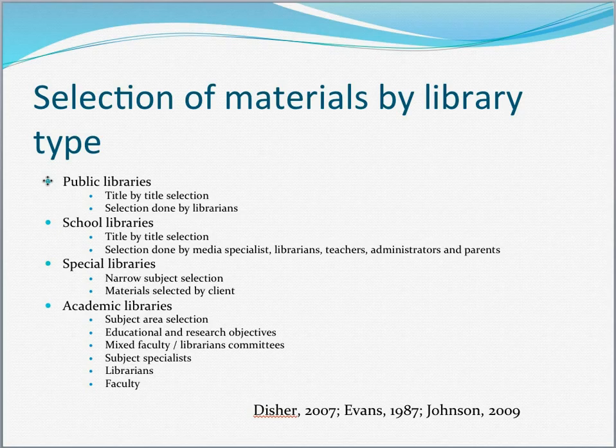In school libraries, it is also title by title, and the selection is done by the media specialists, librarians, teachers, administrators, and parents. In special libraries, there's a narrow subject selection because you want to have the main information material for your specialty, and the materials are selected by the client.